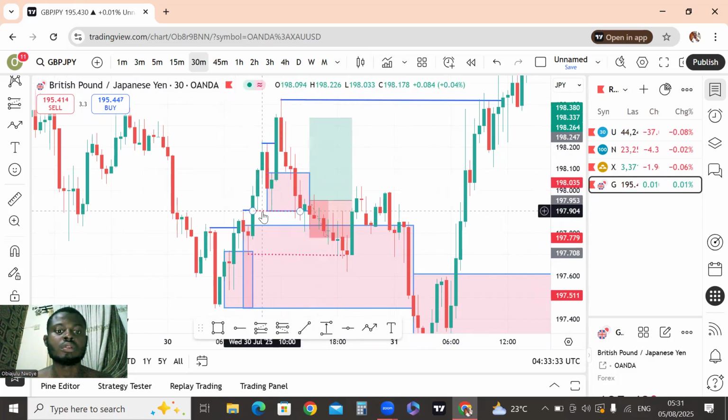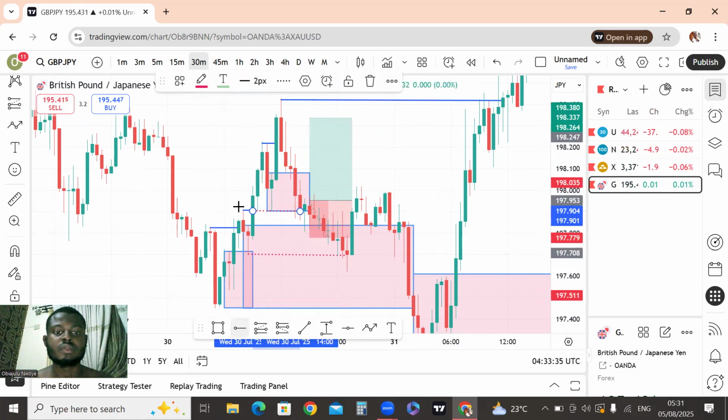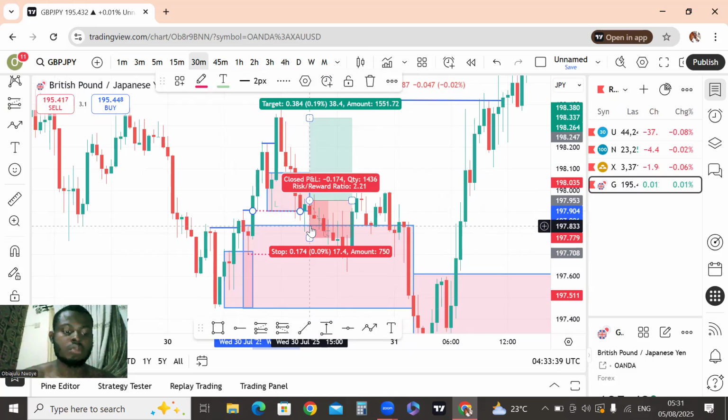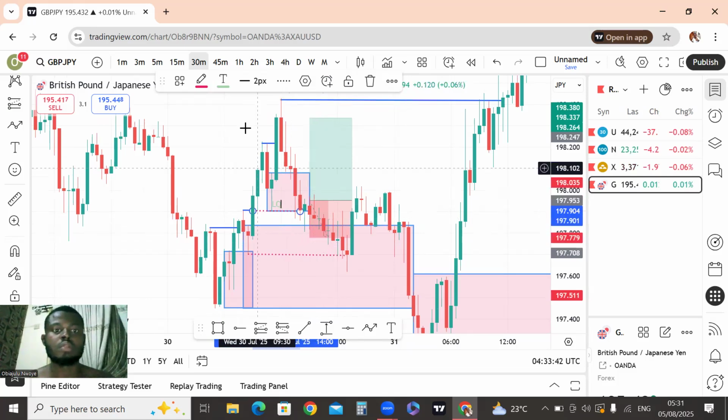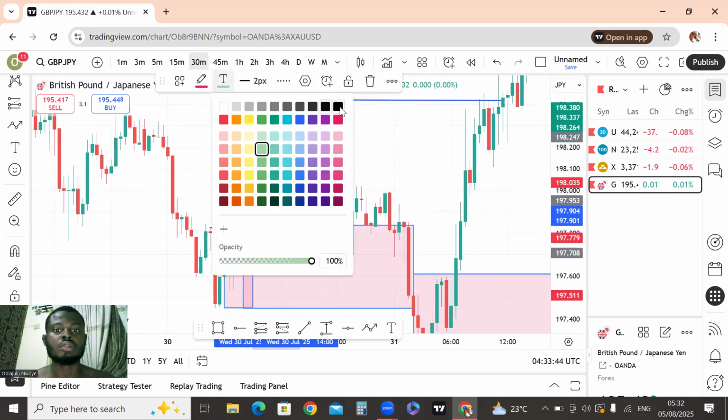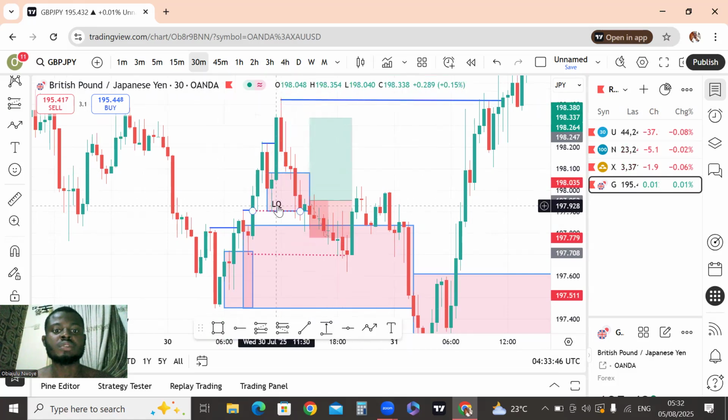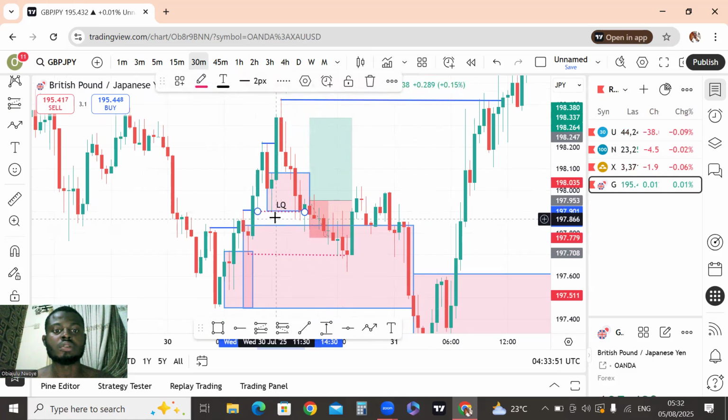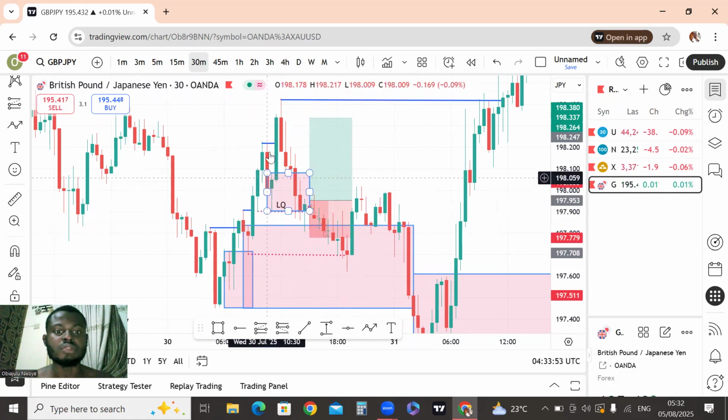So there's liquidity beneath there. There was this liquidity on the 5 minutes. If you go to the 5 minutes, you see that this move down and this move up, this lower low to this lower low here, there was a structure here on the M5 that this price action tapped on.